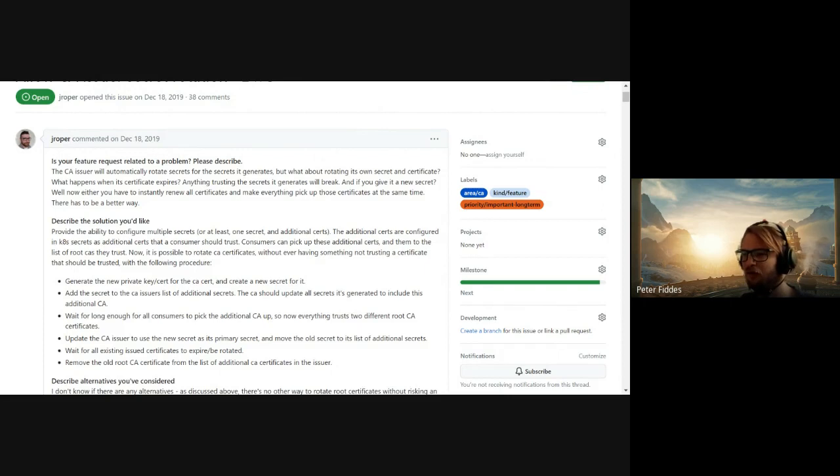The one thing I'd thought about off the top of my head was that possibly if you had a CA issuer, it would keep a record of the last CA in its status somehow. So at least you had the old one and the new one. I don't know how you'd expose it, but that might get you some way to being able to pull that CA out.